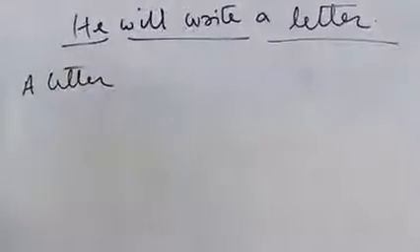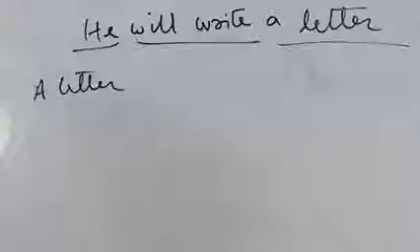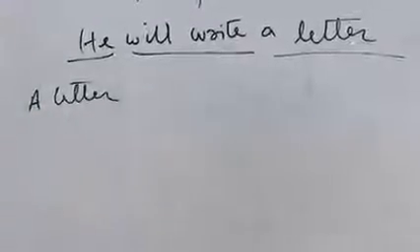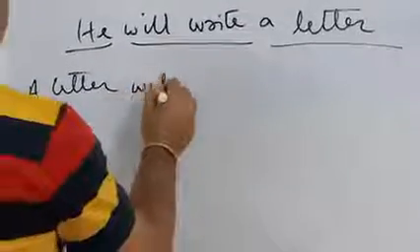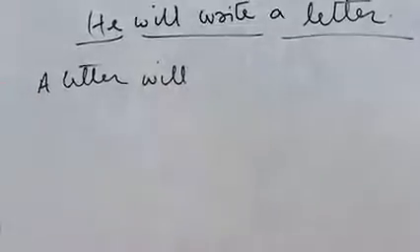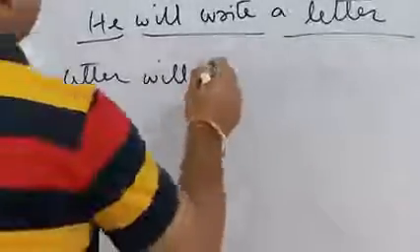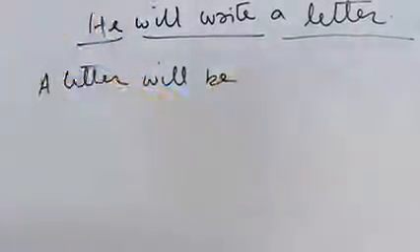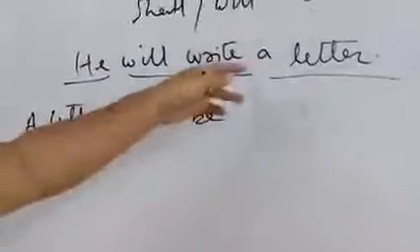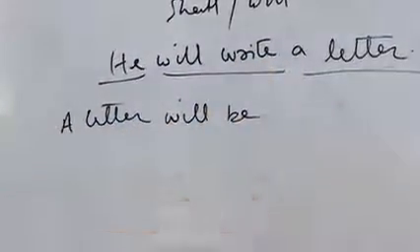So a letter is third person singular, so that is why it will be followed by will. And as I told you, after will we have to put be. And then the past participle form of the verb, that is written.